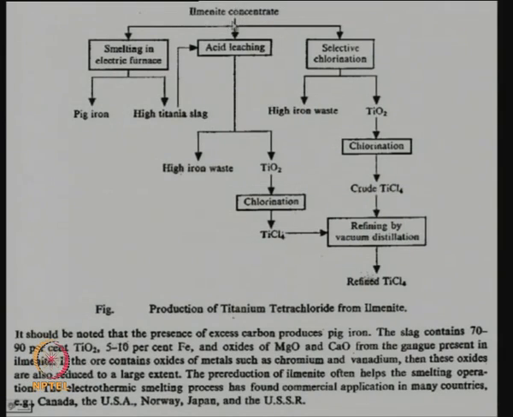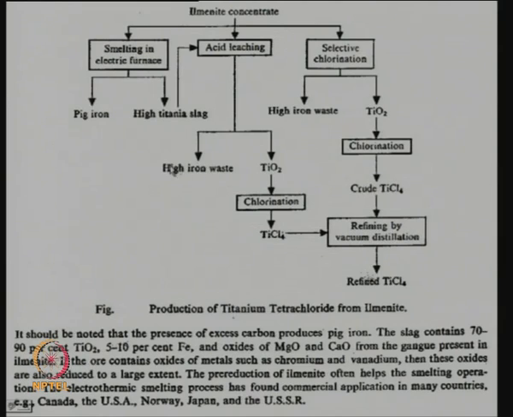We can go for acid leaching. This high titania slag can also go for acid leaching. Instead of the ilmenite concentrate being used, we can take out the pig iron part as pig iron, then the slag itself is leached, so that we can produce a high iron waste.